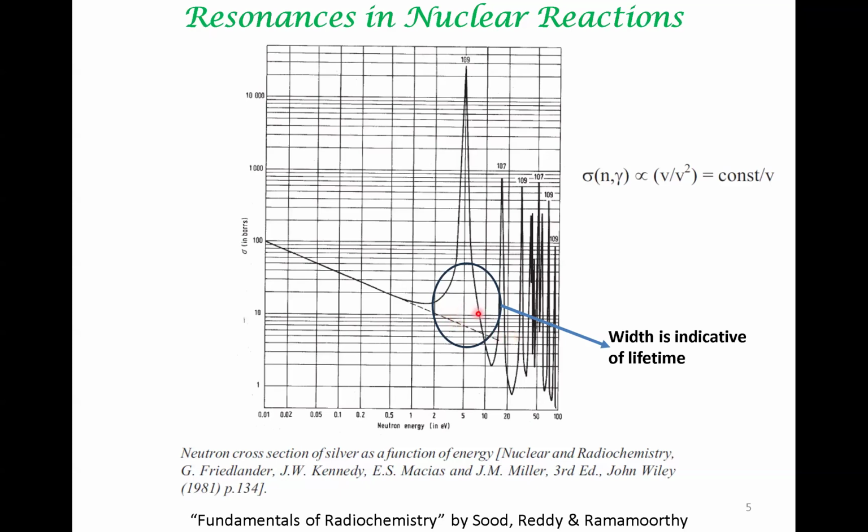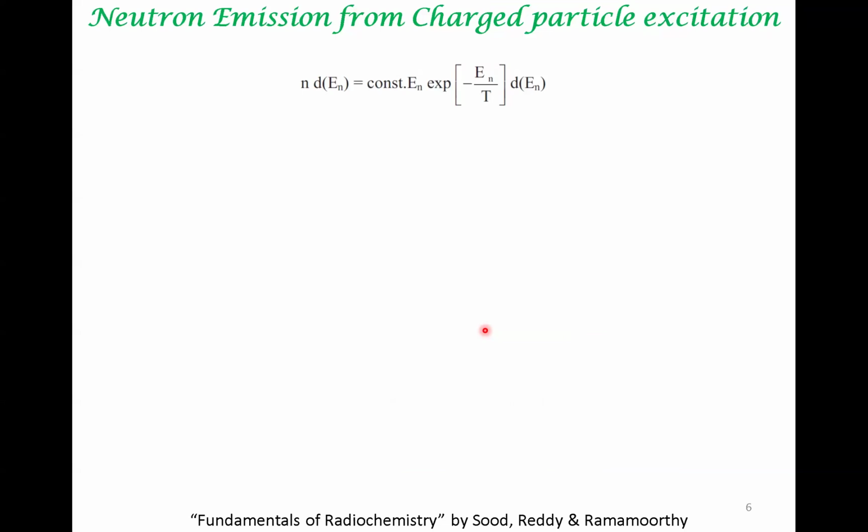In addition, why the line width decreases as the energy increases can also be explained. There's a model available to rationalize all these features. This is beyond the scope of this course, but it is possible to rationalize these features. These are well understood aspects of nuclear science.